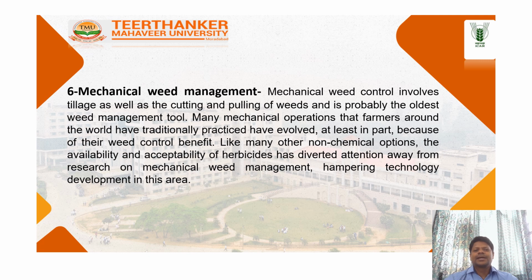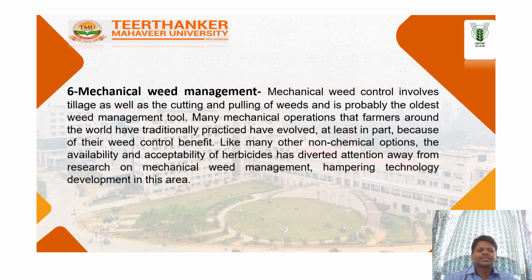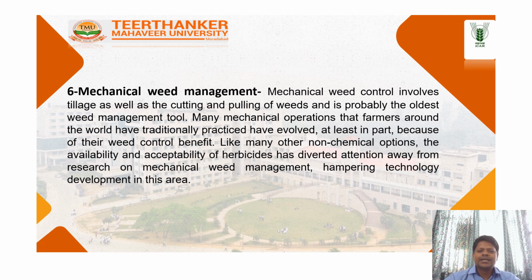Mechanical weed management. Mechanical weed control involves tillage as well as cutting and pulling of weeds, and is probably the oldest weed management tool. Many mechanical operations that farmers around the world have traditionally practiced have declined, in part because the availability and accessibility of herbicides have diverted attention away from research on mechanical weed management, hampering technology development in this area.